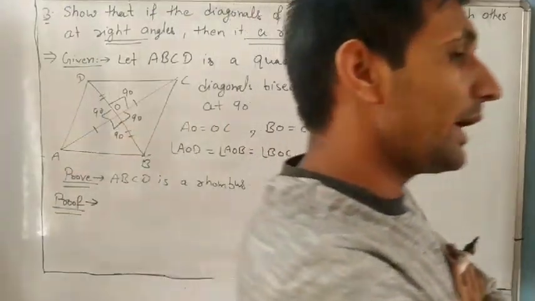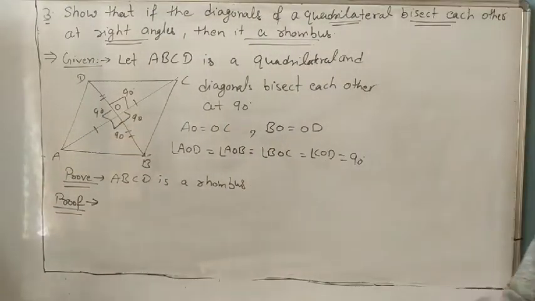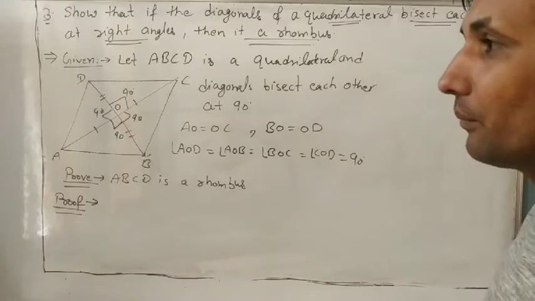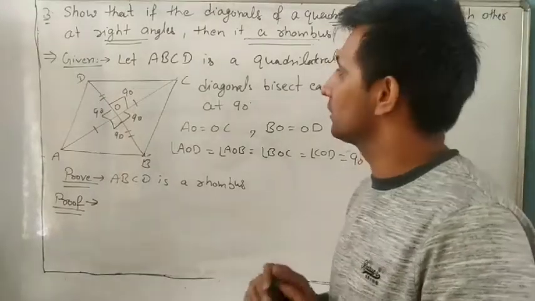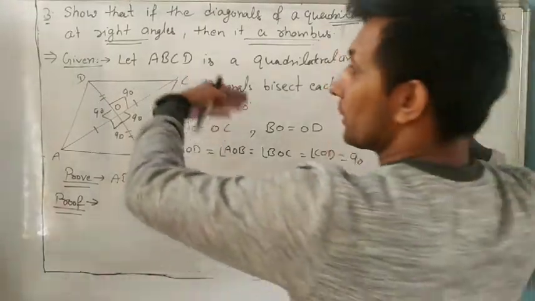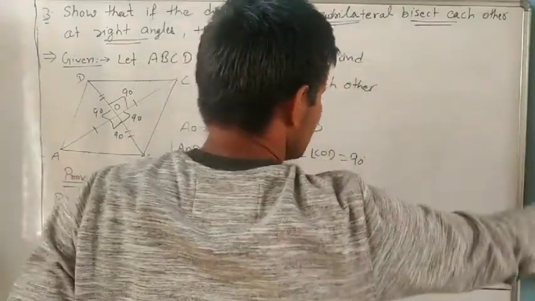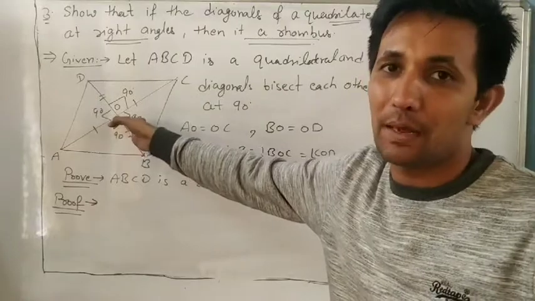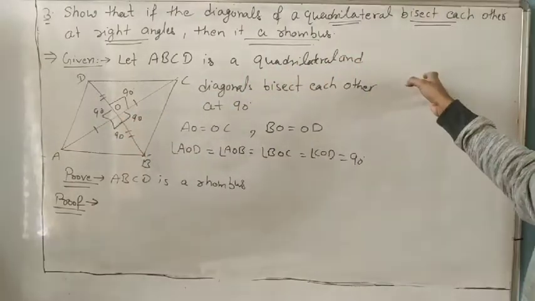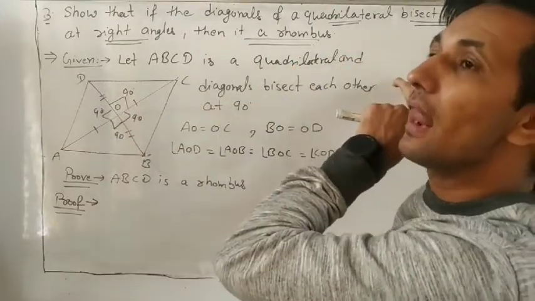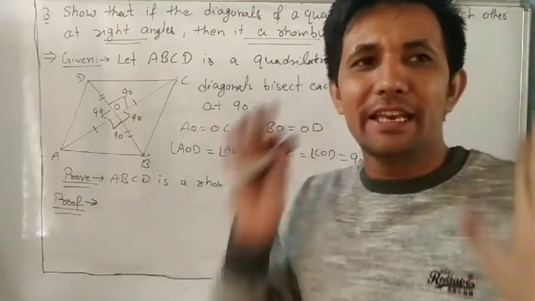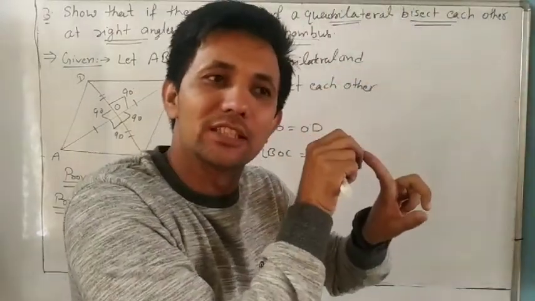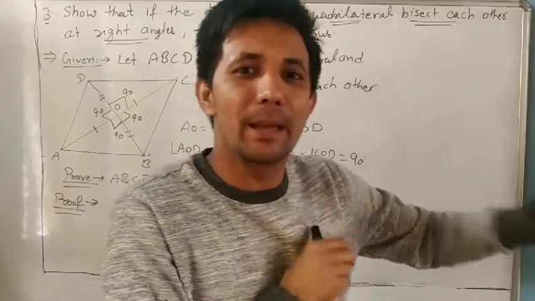How will you prove that any quadrilateral is a parallelogram? Do you remember in yesterday's class, before the start of our class, I wrote the 6 properties. 3 on this side and 3 on this side. If in any quadrilateral opposite sides are equal, it is a parallelogram.